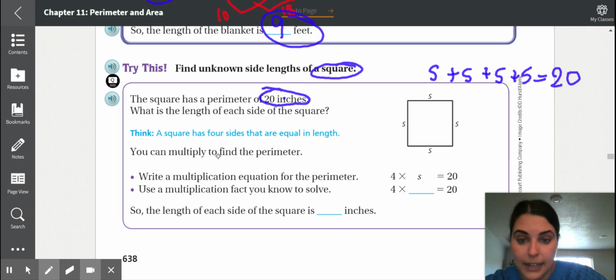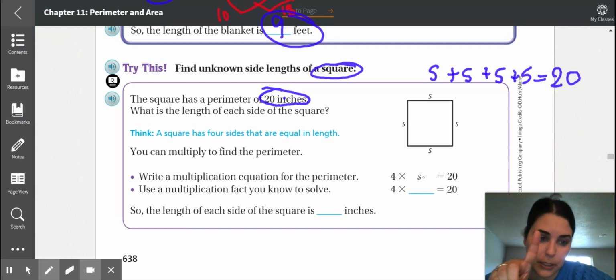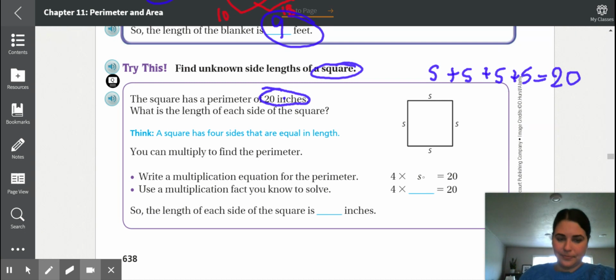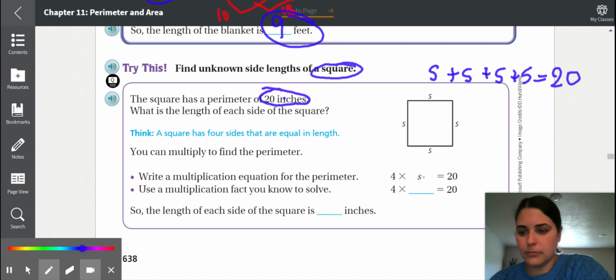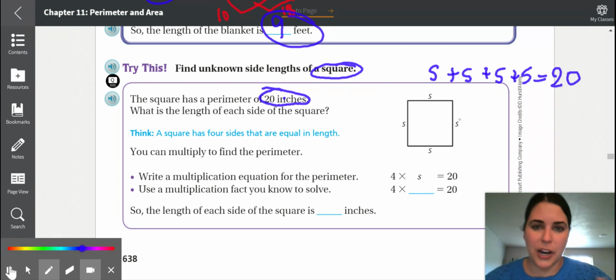You can multiply to find the perimeter. We can think, well, 4 times what number equals 20? Okay, wait. Sorry. We need to think 4 times what is 20?